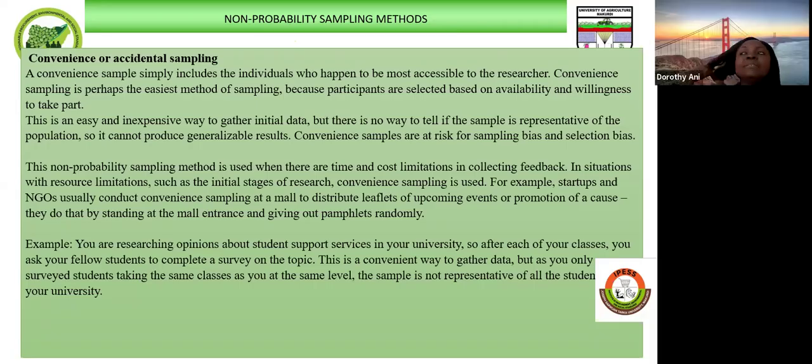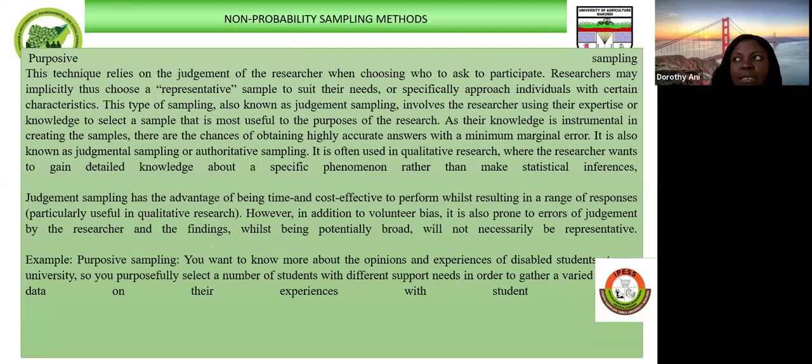Very clear, yes, ma. Of course, bearing in mind non-probability, you may not be able to generalize that this is how the whole population is, or that these are the characteristics of the whole population. And purposive, this technique relies on the judgment of the researcher when choosing who to ask to participate.